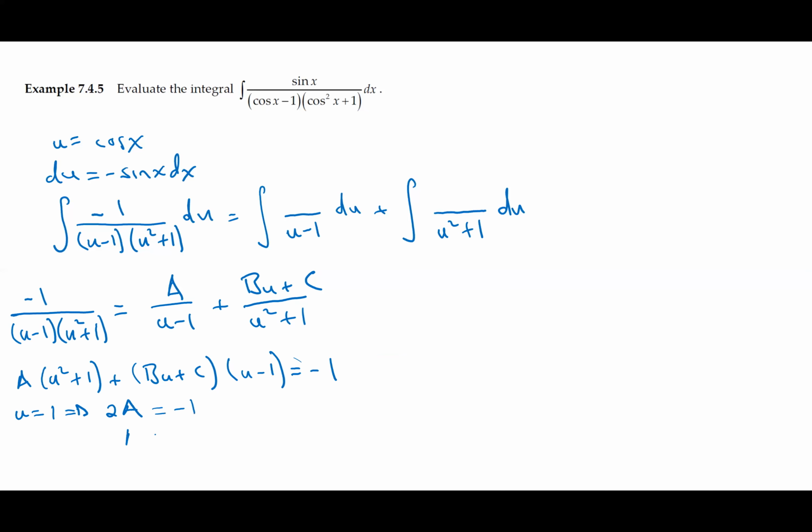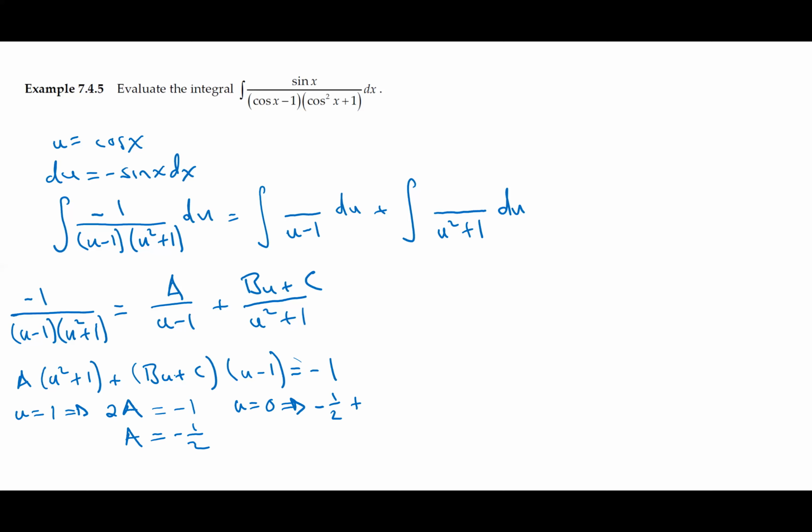So A is -1/2. Now, I think I'm going to let u be 0, because then A times u squared plus 1 is -1/2, plus, and if u is 0, that kills the Bu.